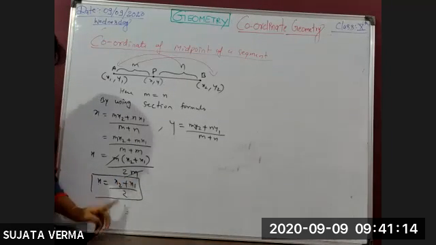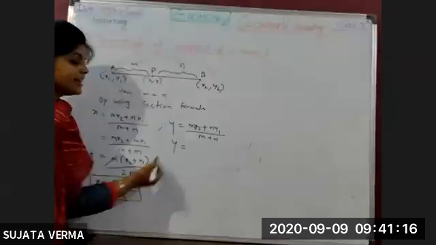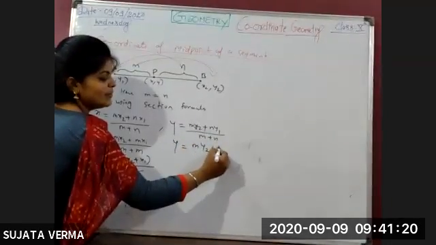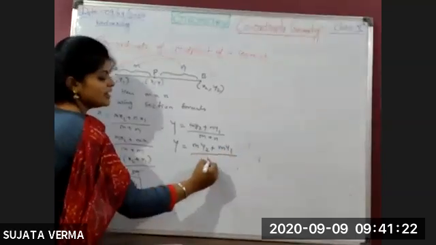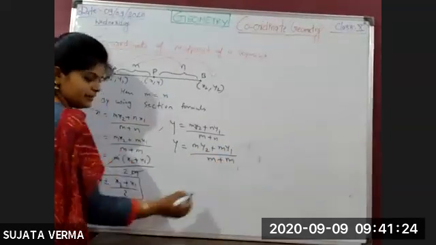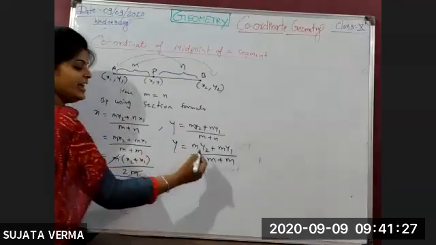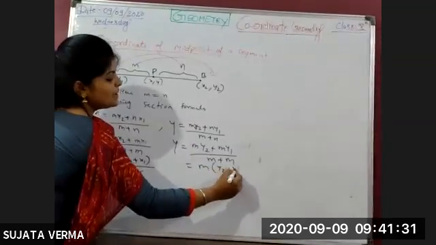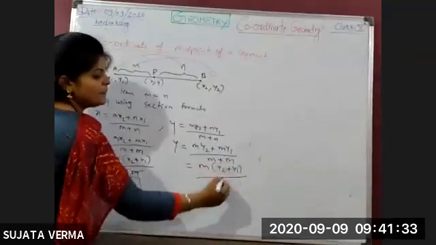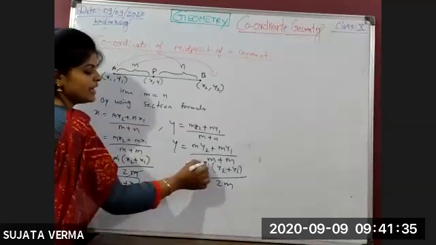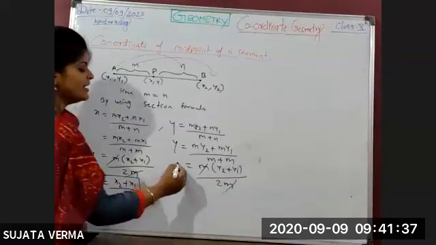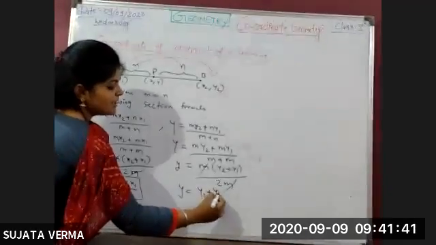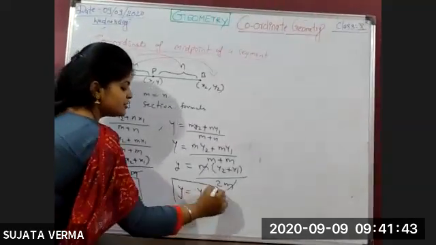Now here again we replace N by M. Then we take M as common in the numerator. We get y2 plus y1 upon M plus M, equal to 2m. M gets cancelled. Then we get y is equal to y2 plus y1 divided by 2.